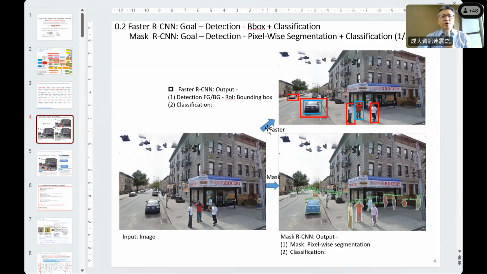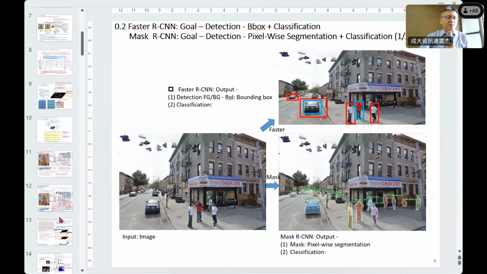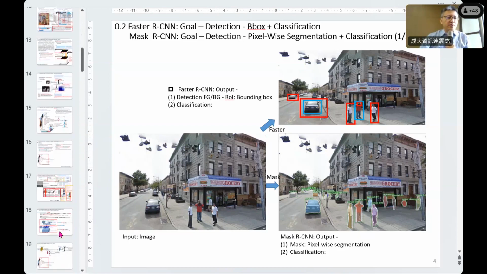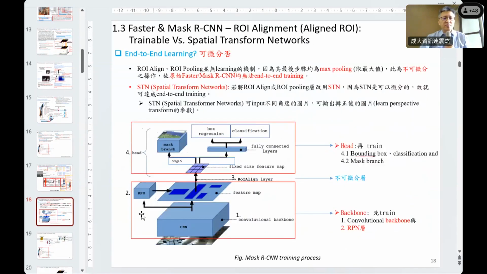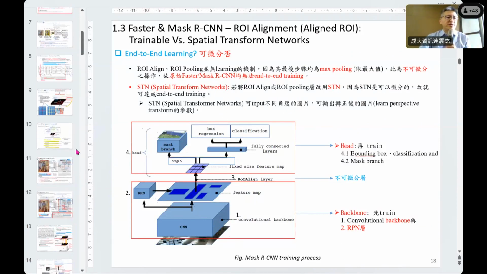The one important thing in Faster RCNN is the anchor. I will teach you very soon. So what is the anchor? Anchor is actually here. We call this the region proposal network. So from the input, they have an initial detection of the bounding box. And the second, so with two losses, one loss, second loss. I will explain this one later, very soon.